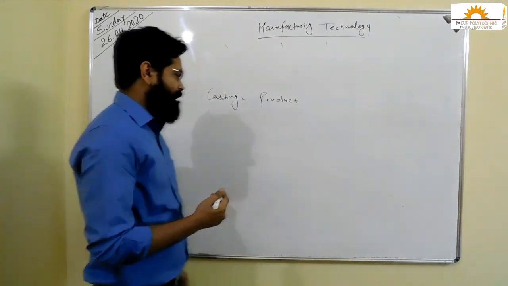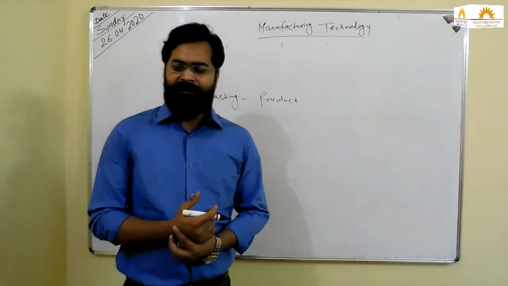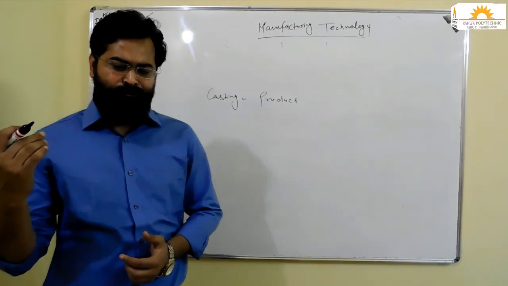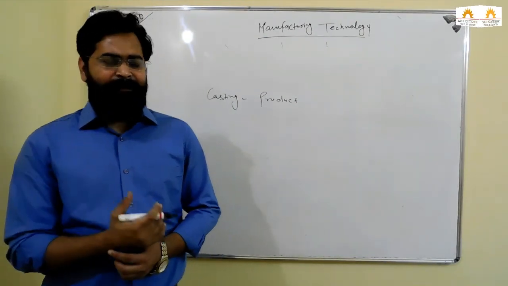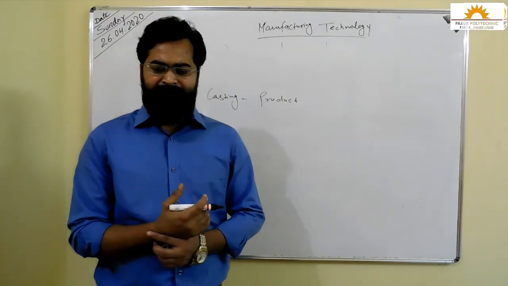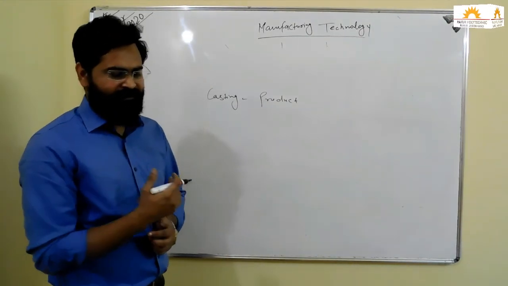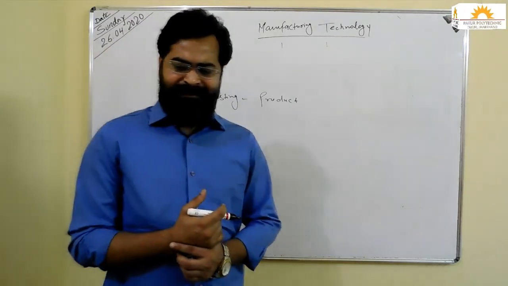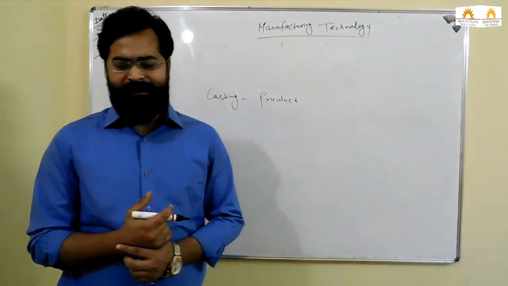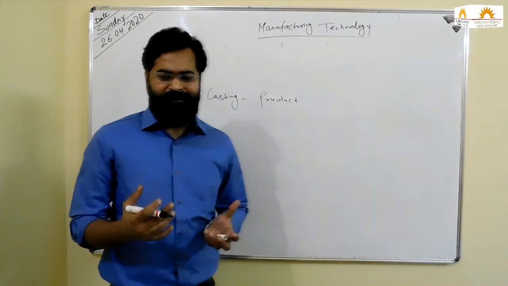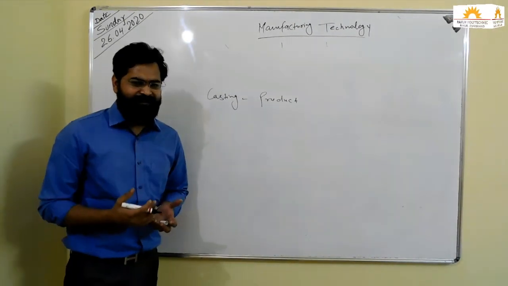So we can cast simple to complex shapes of product, thin sections to heavy sections, from mm to meter. Small size casting can be achieved from gram to larger size in tons; in my knowledge 200 tons can be easily cast.